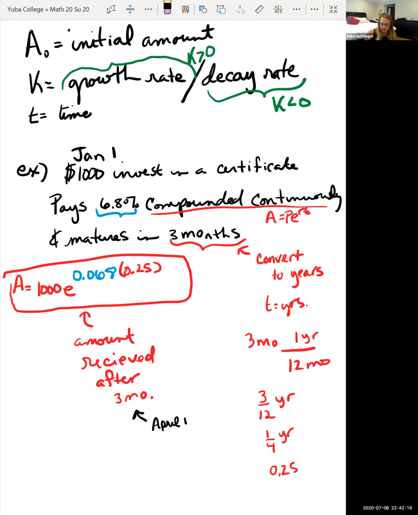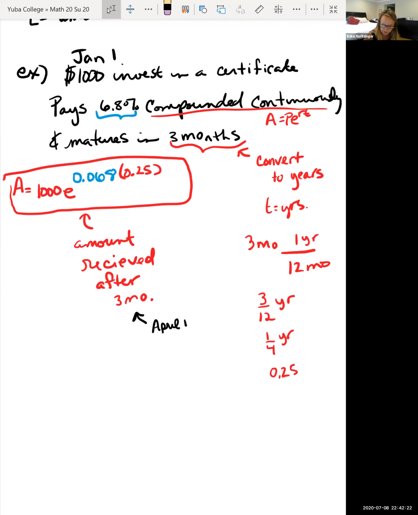Then it tells me that she's going to take this amount and invest it. So the original amount, the $1,000 plus the interest she just got from this certificate. So Kim places $1,000 and the interest in a passbook account that pays 5.25% compounded monthly. Okay, so now she invested at 5.25%.